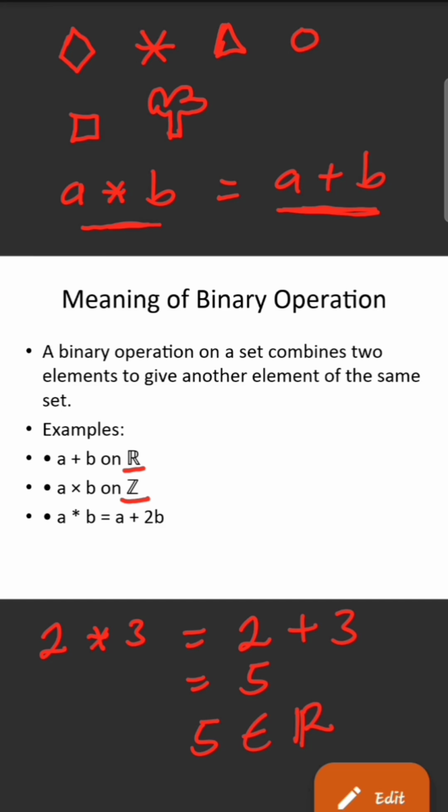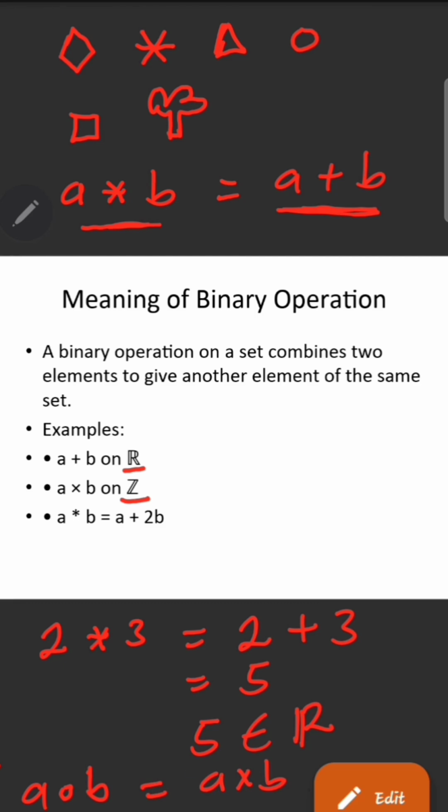So A times B on R. That means the operation we are given is multiplication. Maybe they say A operation B is equal to A times B, or simply AB.